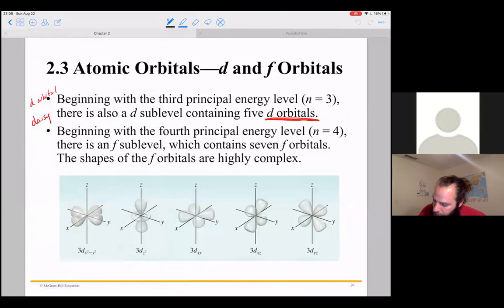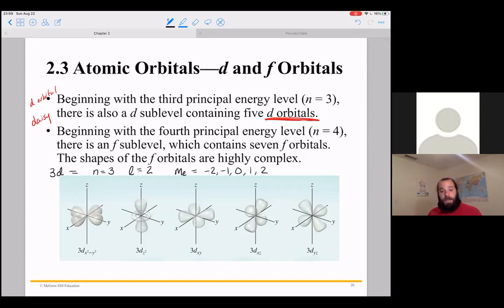If we were talking about 3d, in the world of our quantum numbers, this would be a principal quantum number equals 3, an angular momentum quantum number equals 2, and then M sub L, again, can take on any value from negative L to L. So this would be negative 2, negative 1, 0, 1, and 2.